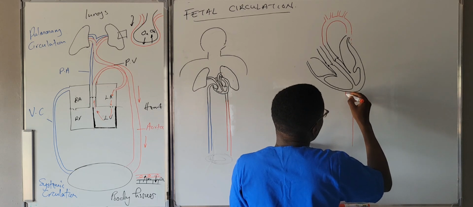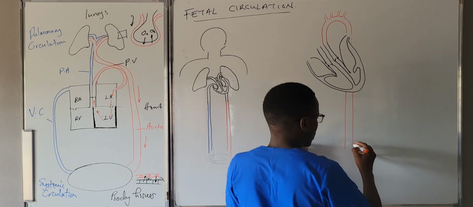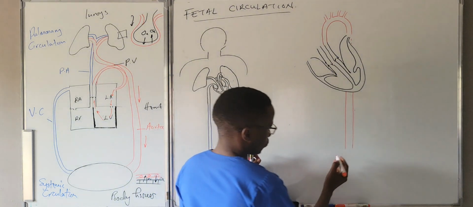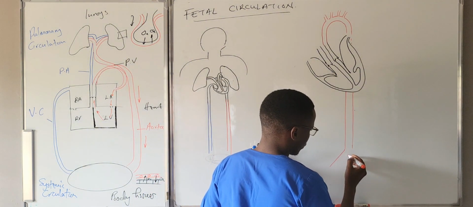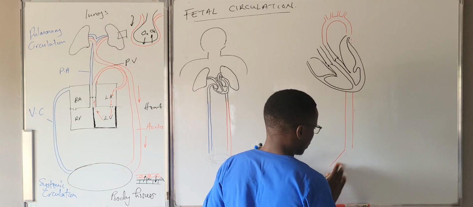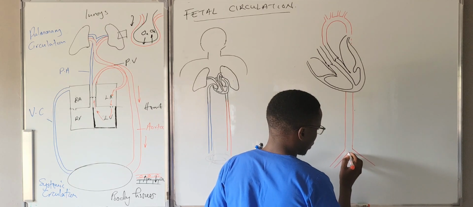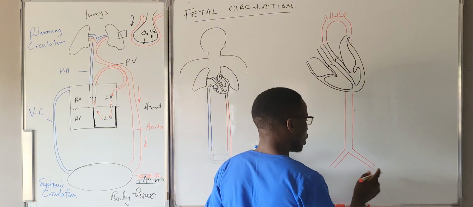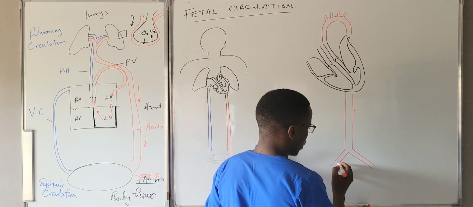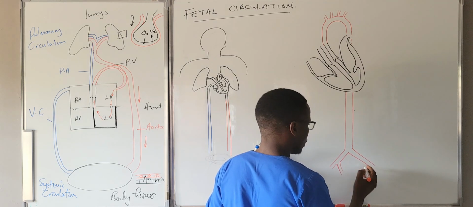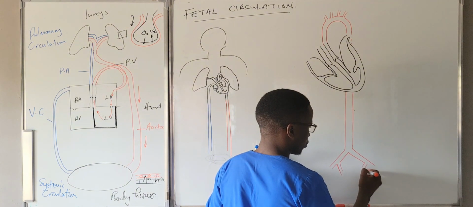Now the aorta, the abdominal aorta specifically, will make two branches, that is the left and right common iliac arteries. The right common iliac artery is divided like that, and this is the left common iliac artery.